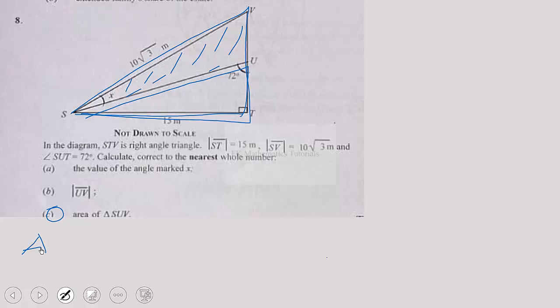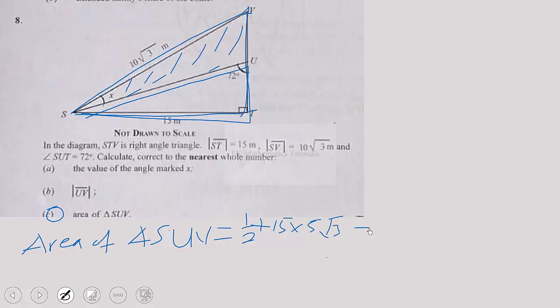So area of triangle SUV is equal to area of triangle STV, which is half times base, half times 15 times height. The height, we found it to be 5 root 3, then minus area of triangle STU.